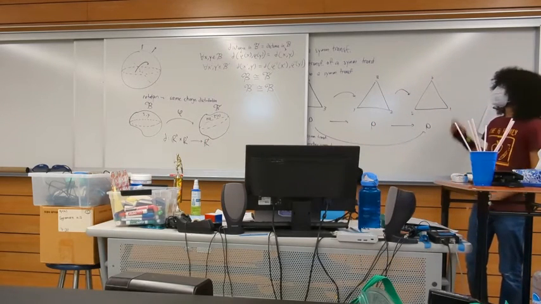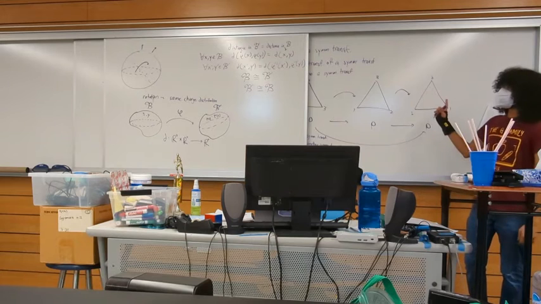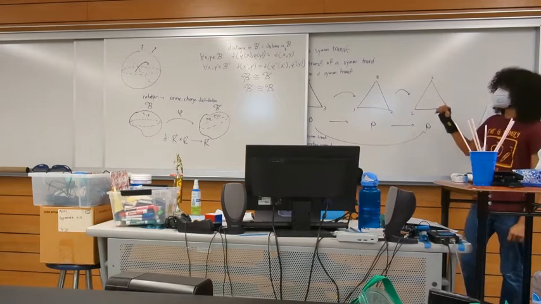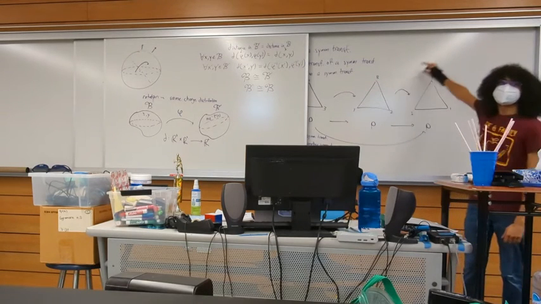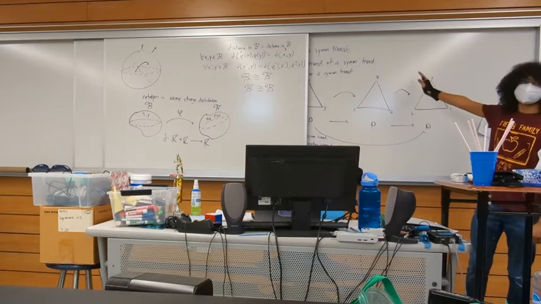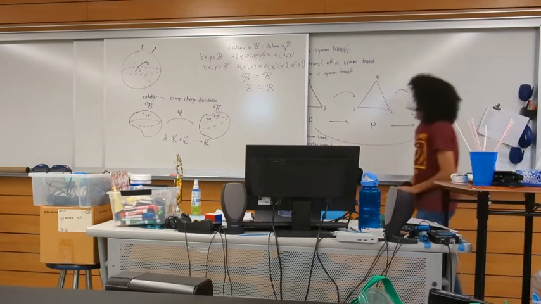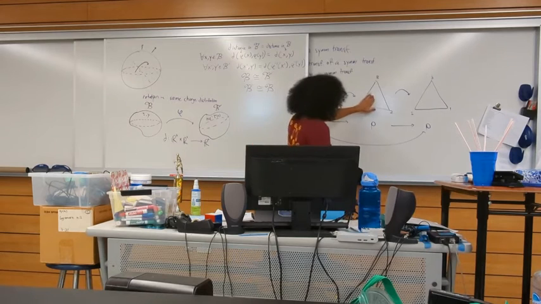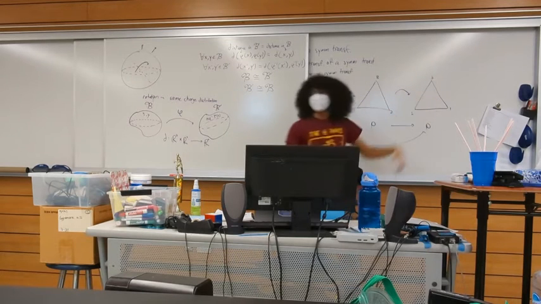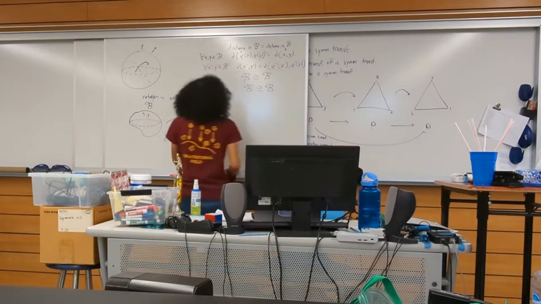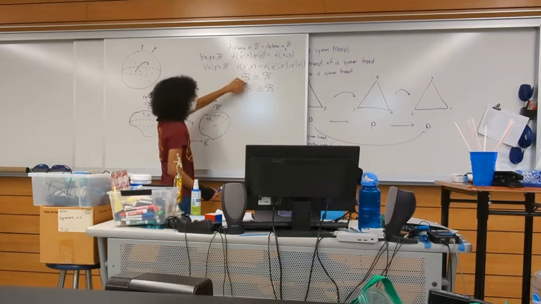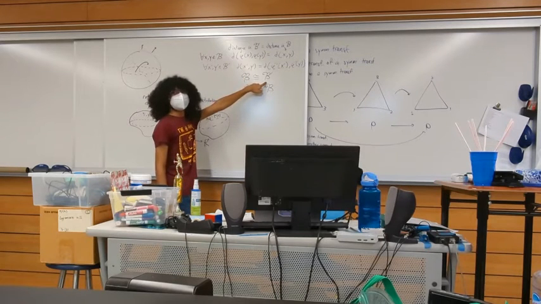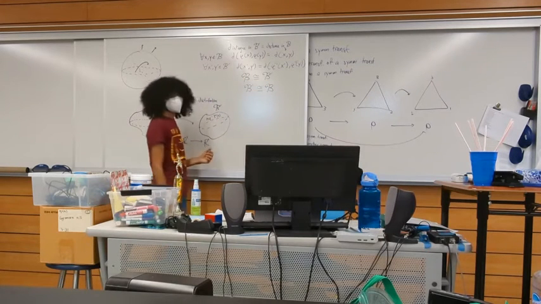What you're talking about are two different shapes upon which you can do a transformation to one to get to the other, and the distances are preserved. And when you're talking about this shape is congruent to this shape, you're saying that those two shapes are isometric to each other, that there exists an isometry between them.